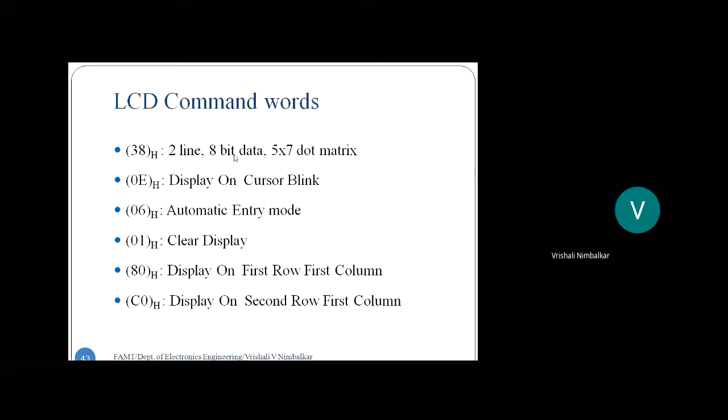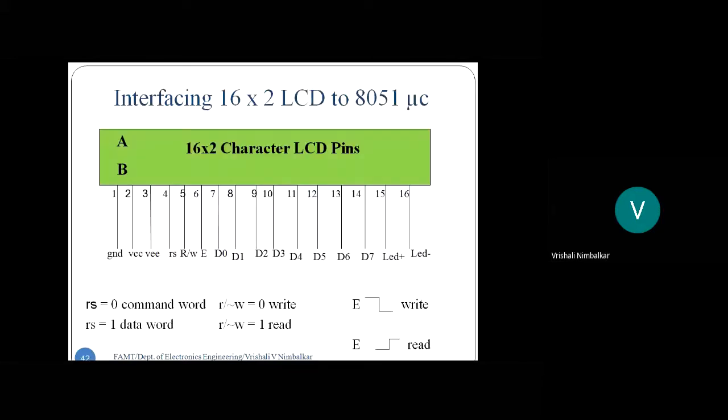What exactly is it going to do when initializing the LCD? The microcontroller will send the first command word, 38 hex, on the data lines D0 to D7. RS will be 0.